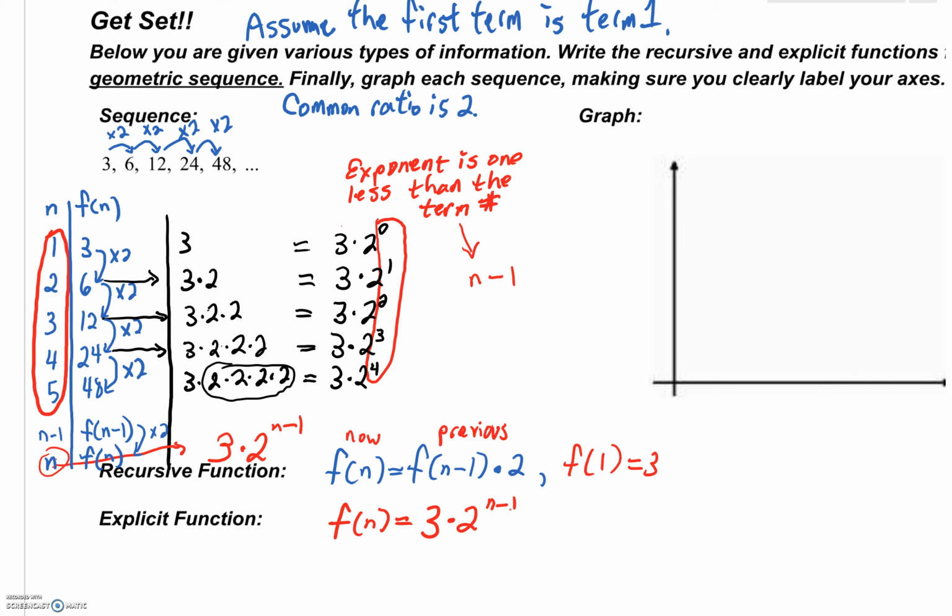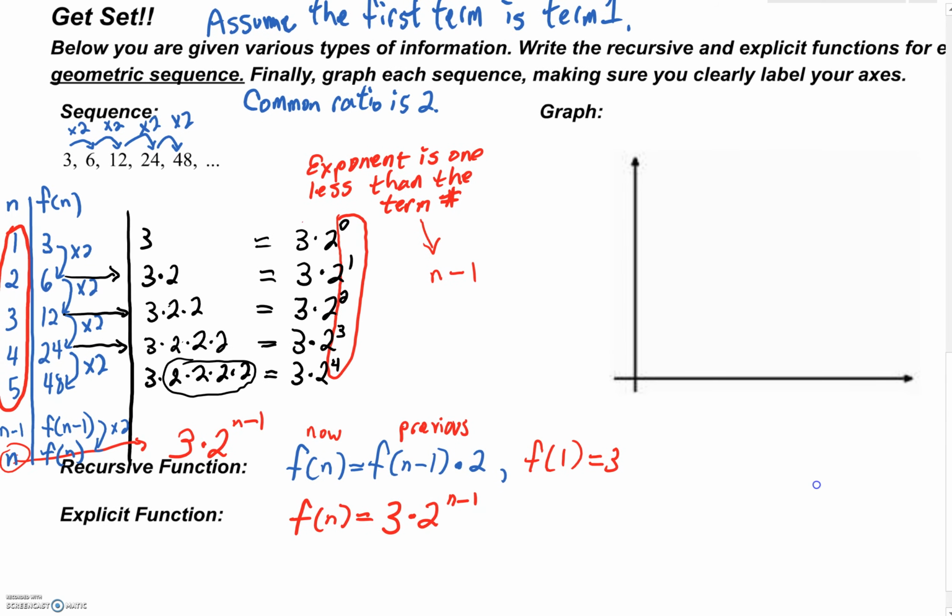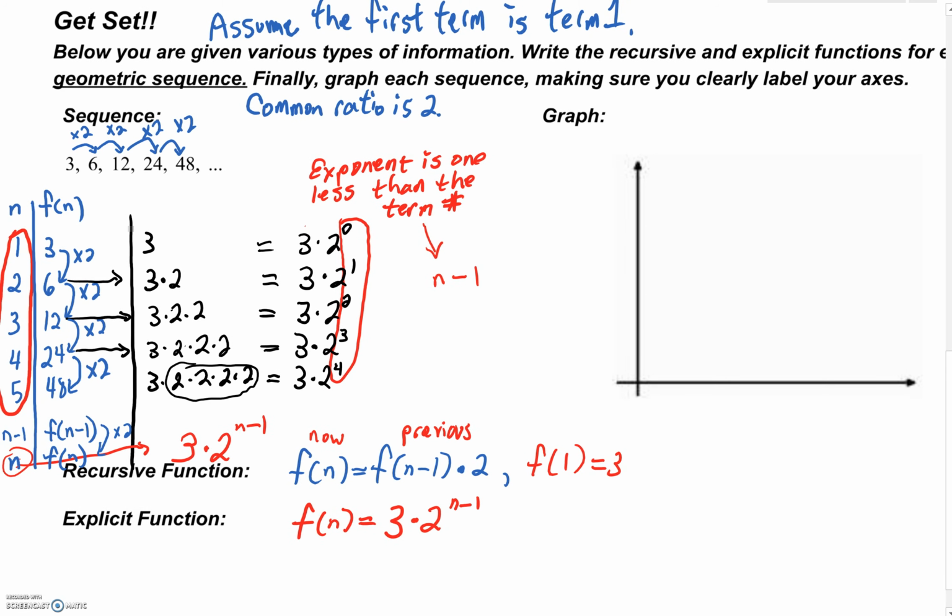We're last going to be asked to graph and to clearly label our axes. So tell you what, as we're looking right here, we definitely want to label our axes with an n and an f of n. For our n being our term number, it looked like we went 1, 2, 3, 4, 5. So we'll try to get these equally spaced here, or as close to it.